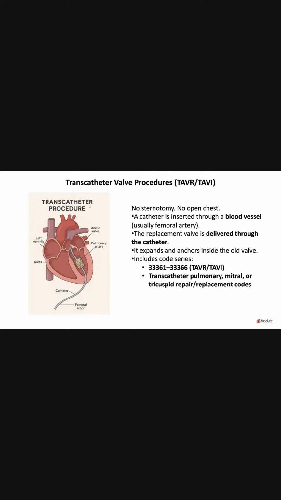Generally, there's no sternotomy, so they're not opening the chest. A catheter is inserted through a blood vessel, typically the femoral artery, and then the replacement valve is delivered through the catheter. It expands and anchors inside the old valve, and it includes code series 33361 through 33366. Each of the valves has its own TAVR and TAVI codes.